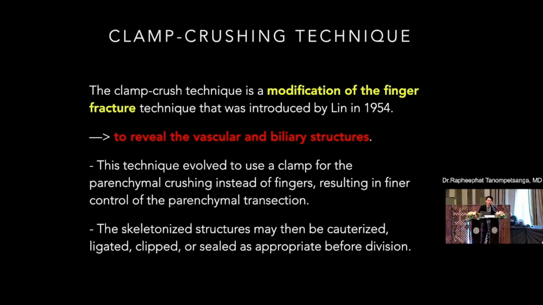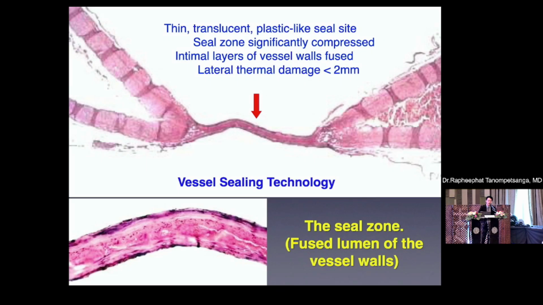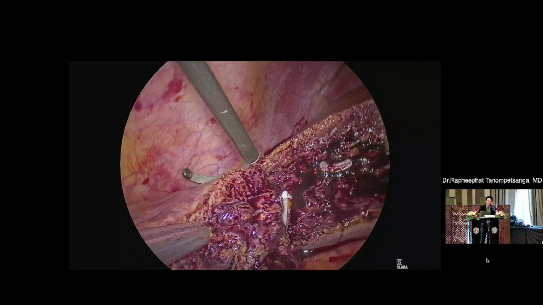Another technique is the clamp crushing technique, like in open surgery. You can use a bipolar device such as a ligature or the harmonic to fracture the liver parenchyma, but it will be a little bit dirty, so you have to ask the assistant for suction.